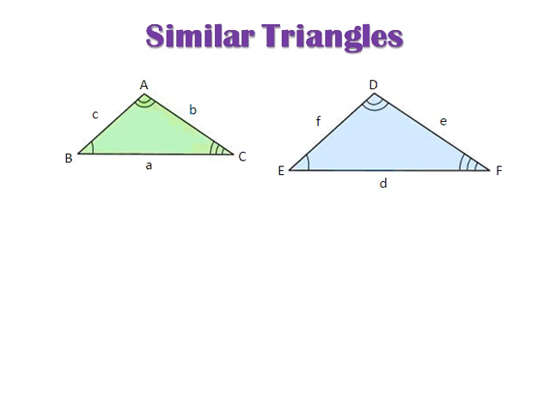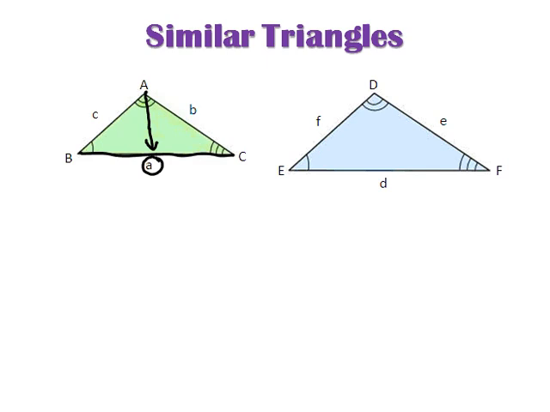Now, similar triangles are basically when you have two triangles that are exactly the same, except one is smaller and one is bigger. I want you to notice that each of the corners has a capital letter, and each of the sides opposite the capital letters has its small letter, and that describes this base length.